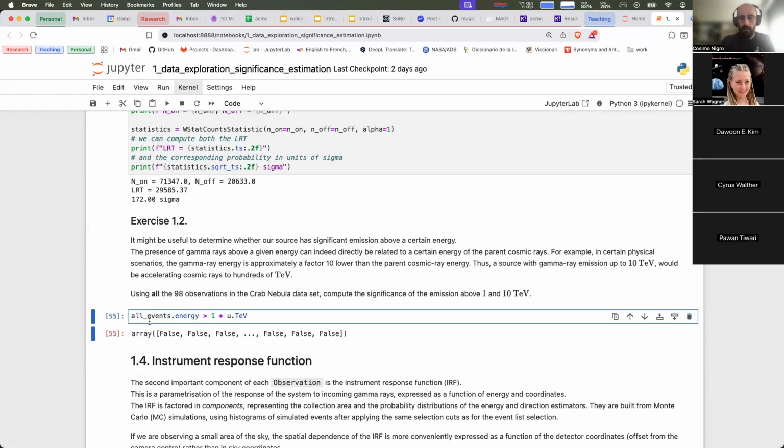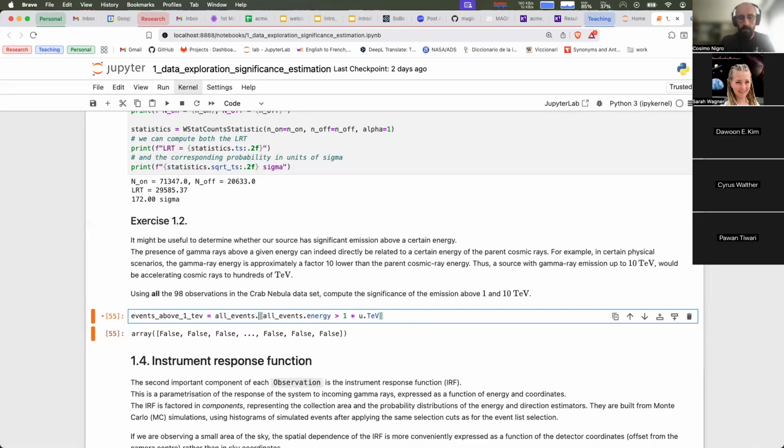And then basically what you can do is apply it to all the events. So we can call it events above 1 TeV. We can apply this mask directly to the event list.